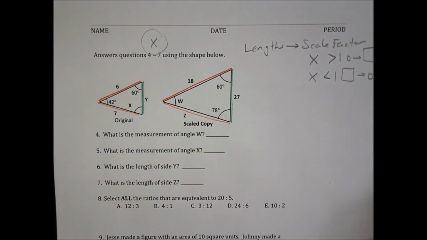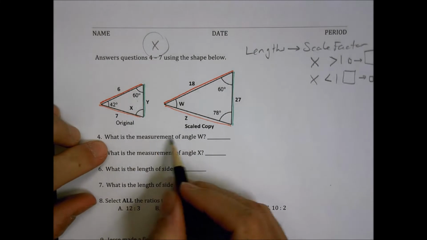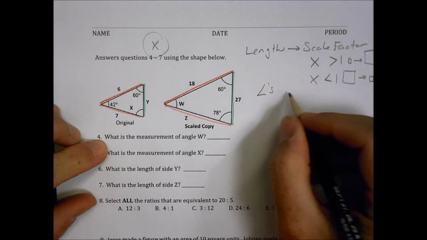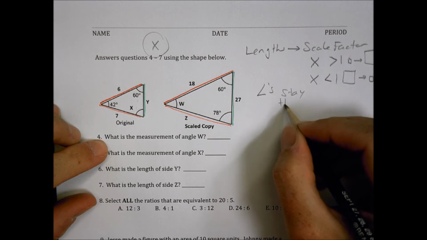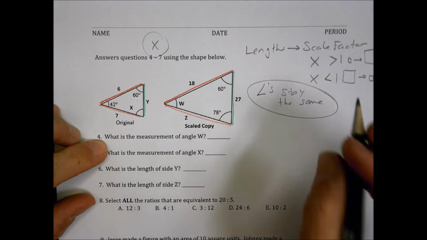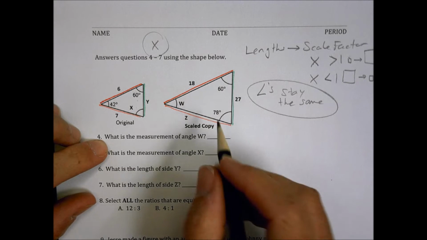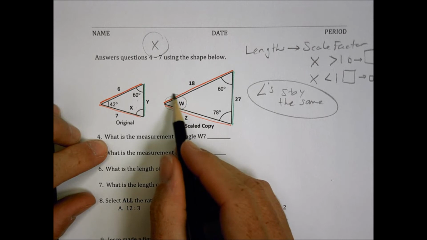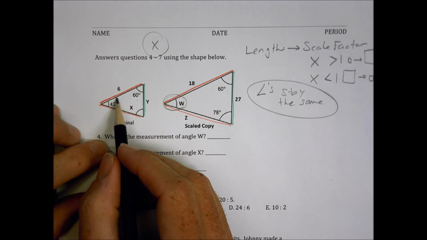So let's take a look at, first of all, it says, what is the measurement of angle W? Well, angles, we said that angles stay the same. If it's going to be a scaled copy, the angles stay the same. So I need to find W. W is located right here at the tip of the triangle, which means it's going to correspond to the tip of this triangle.